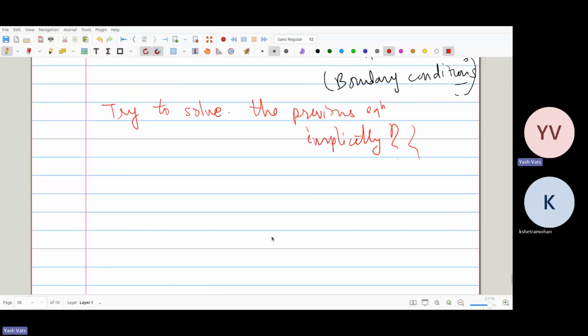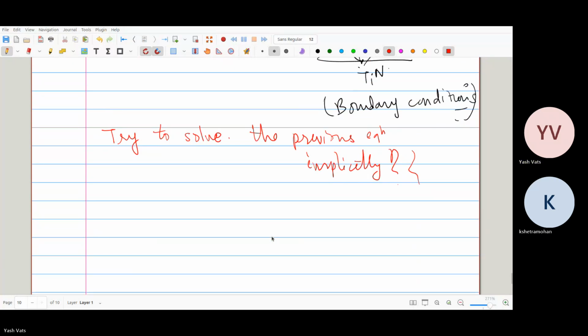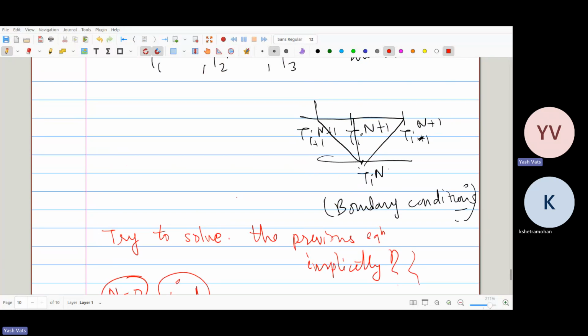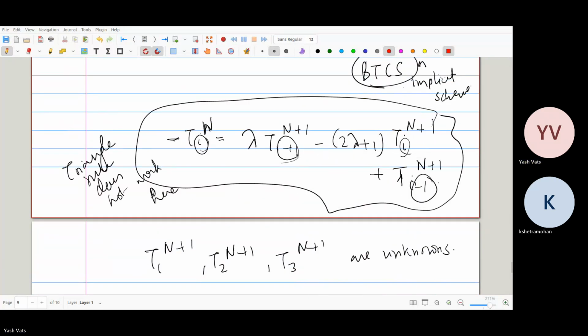So I just start with n equals 0, i equal to 1. Then in that case, what is the value? You will get something like T2, T1, and T0.